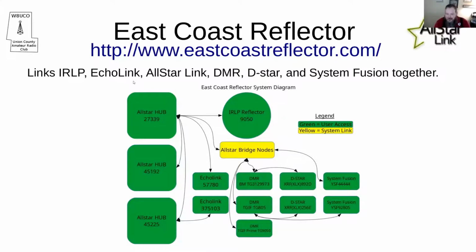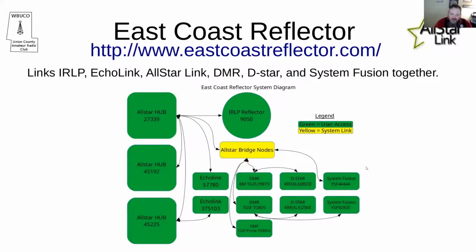And they also have a couple of D-Star reflectors connected into it, and a couple different System Fusion, I think they call them rooms, if I'm not mistaken. And 3 Allstar hubs and an IRLP reflector. It looks like the digital stuff bridges in through the Allstar bridge nodes that they have.